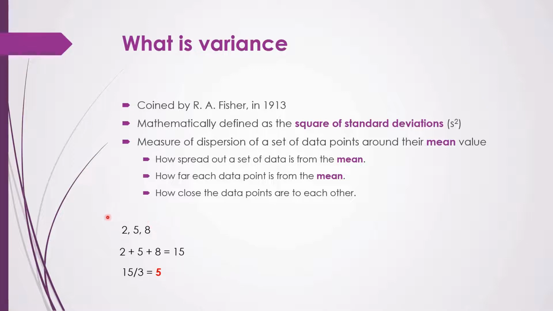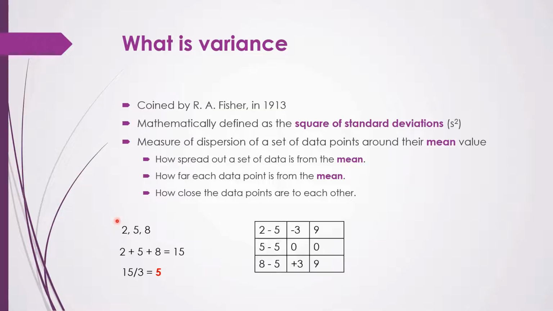So 5 is the mean of these 3 observations, and now we have to find out how each of these numbers are spread out from the mean 5. For this, what we do is we'll subtract 5 from each of these points. I have tabulated it here for you. So we are subtracting 5 from each of the data points.